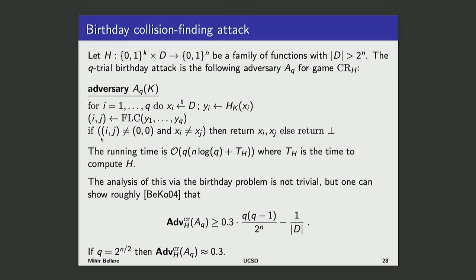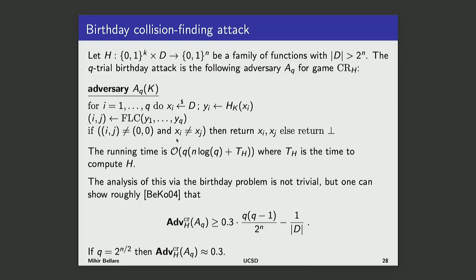So if the algorithm says, sorry, you are not lucky and there's no collision, meaning this is 0, 0, then it's going to fail. But if it gives back a non-zero value, it's saying that y_i equals y_j. But in that case, x_i, x_j is a collision. That's what it means, because H_K of x_i equals H_K of x_j. So we found a collision.